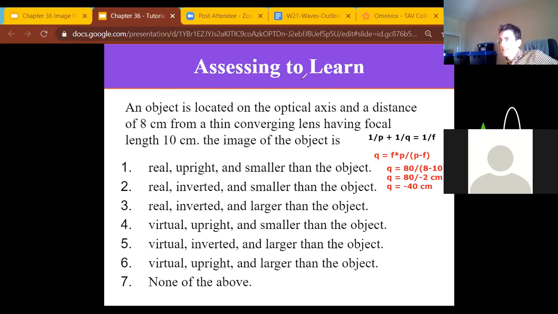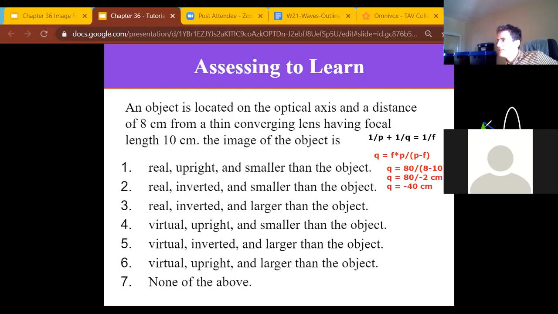Let me show you a ray diagram. So let's draw some rays. One ray always goes right through the center of the lens, straight through. And another ray goes through the first focal point. But we actually can't go through the first focal point because we're in front of it.